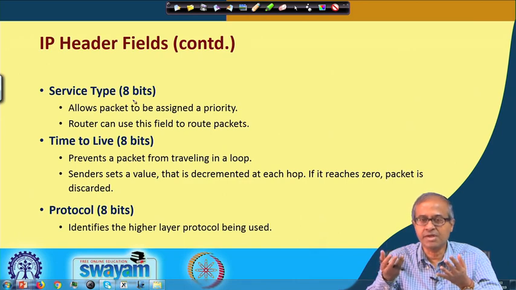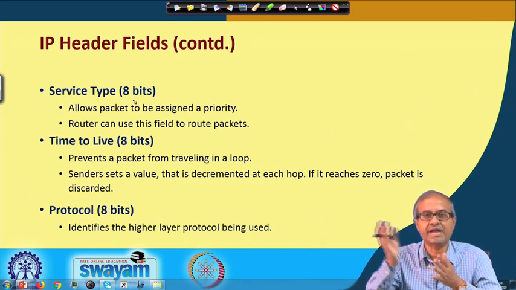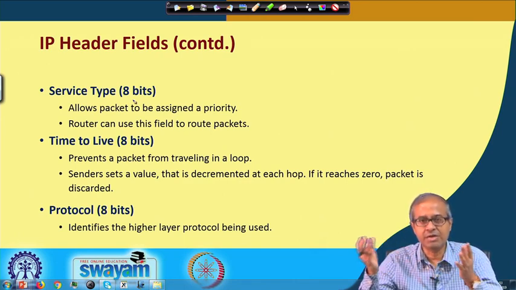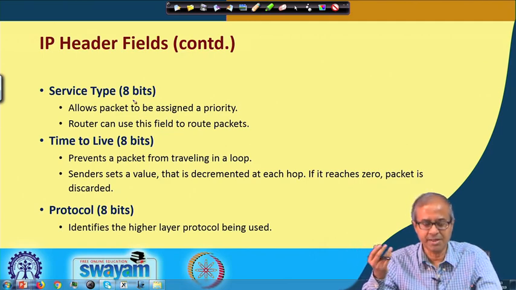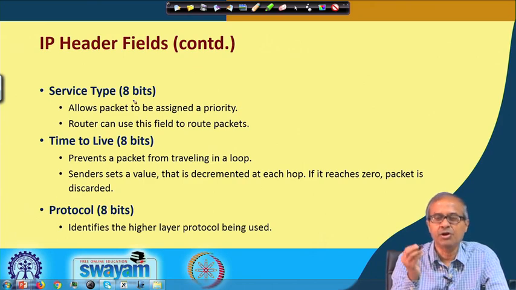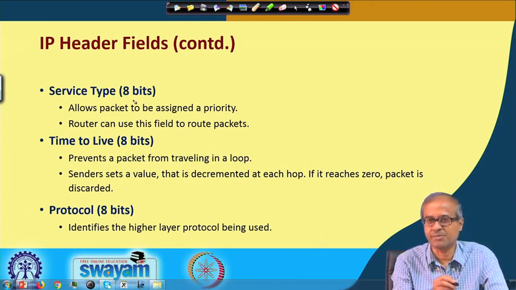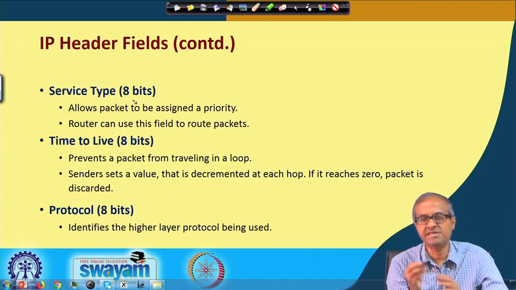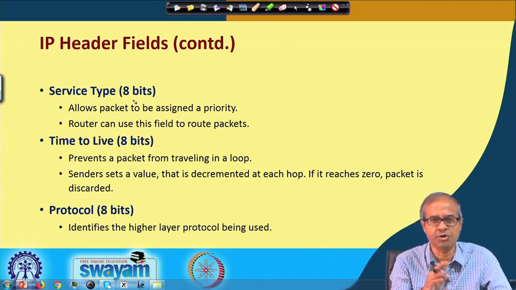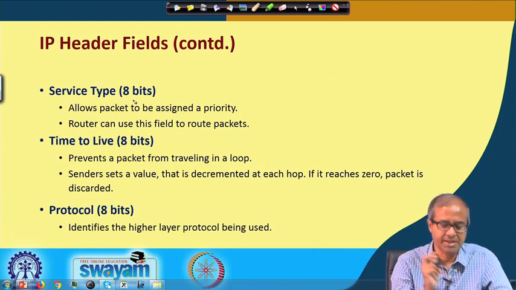If you give some higher priority, then your packets will be routed first, you will get faster performance, you will get more bandwidth, like that. But not all routers support this feature. So, this feature is again used very sparingly, normally you do not use this.